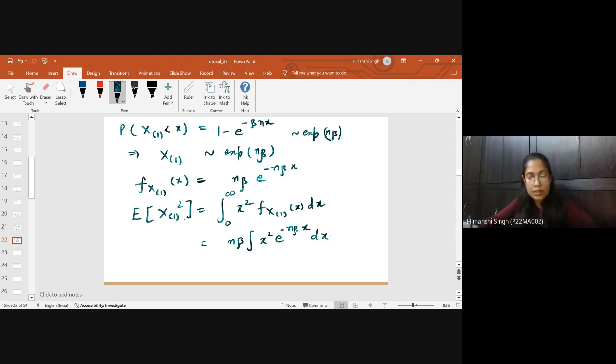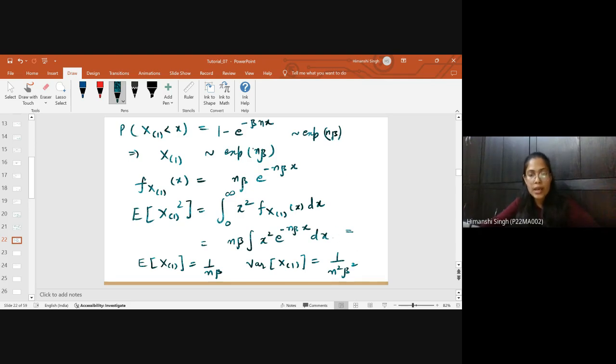Or what I can do, since x1 is exponential with rate n beta, the expectation of x1 will be 1 by n beta. And the variance of x1, so this is another approach, is 1 upon n square beta square, because for the exponential distribution we have mean 1 by lambda and variance 1 by lambda square.